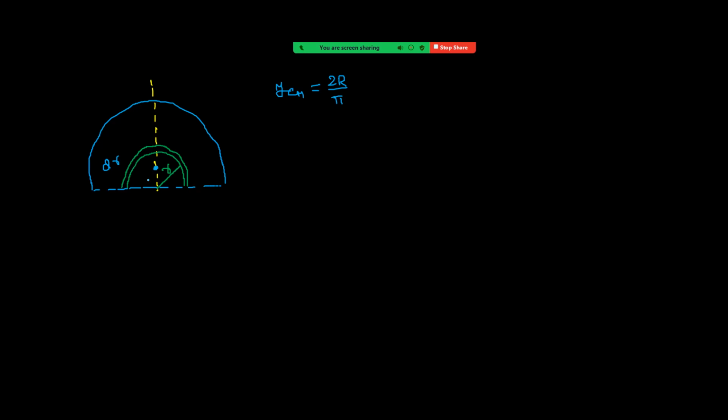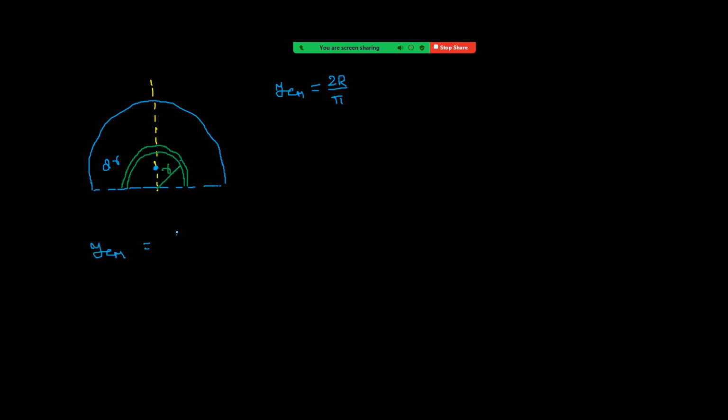That means we can replace this entire semicircular wire with a point mass, placing it at its center of mass. So just like a point mass. Then see what we can do here.